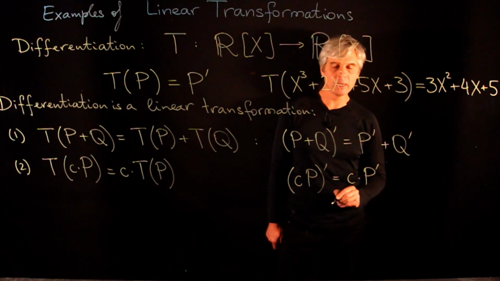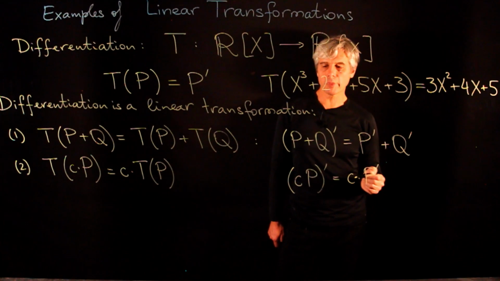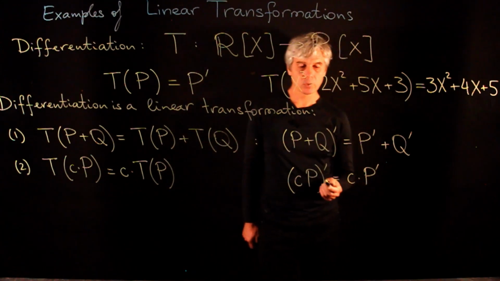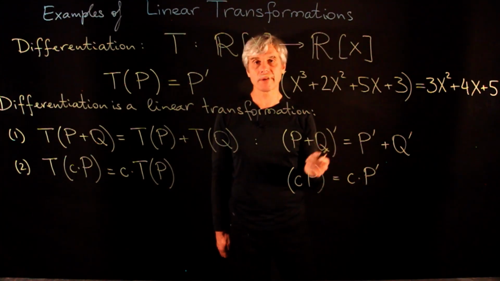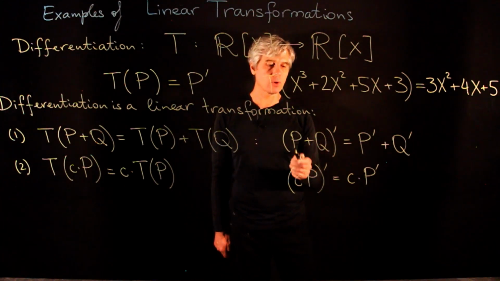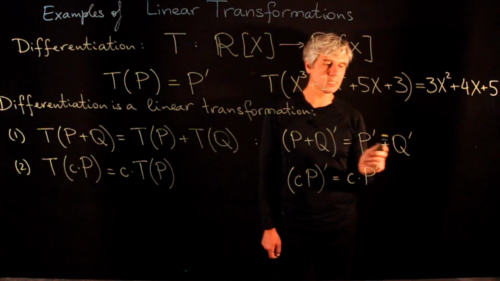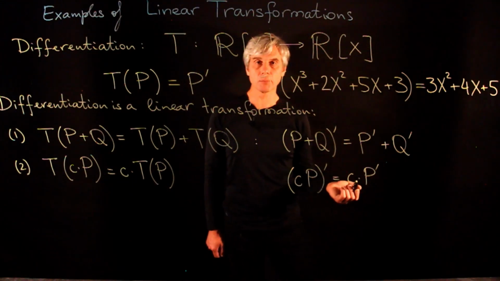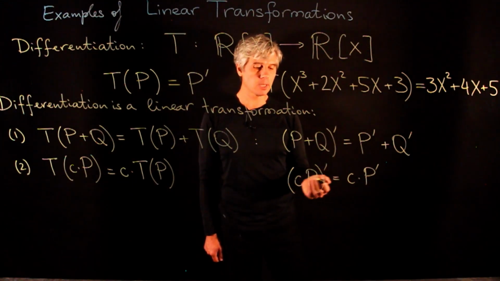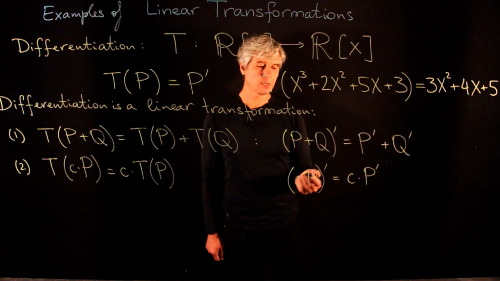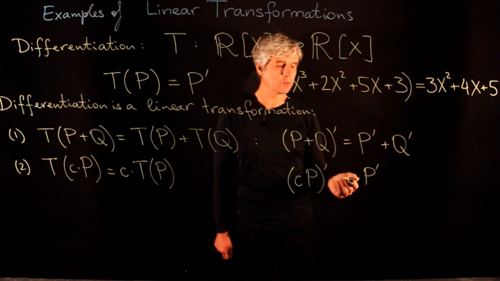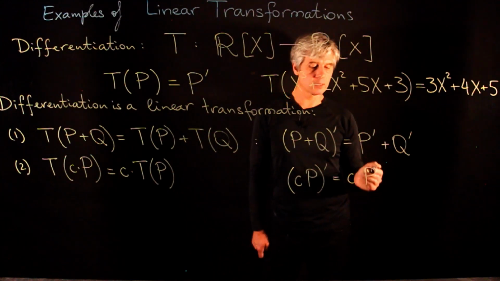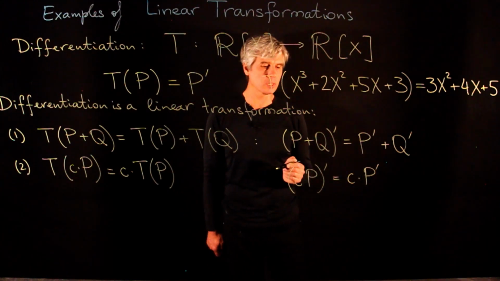But these are two well-known theorems from calculus. This is the sum rule for the derivative: the derivative of a sum of two functions is the sum of two derivatives. And the second rule is the constant multiple rule: if we multiply a function by a constant and take the derivative, it's the same as taking the derivative and multiplying by the same constant.